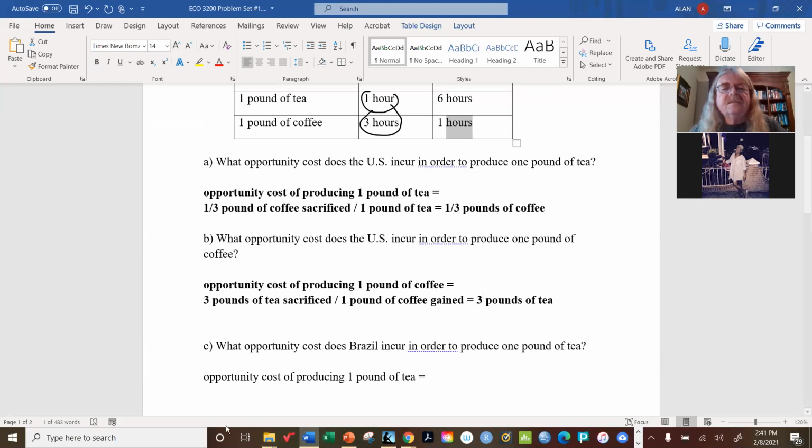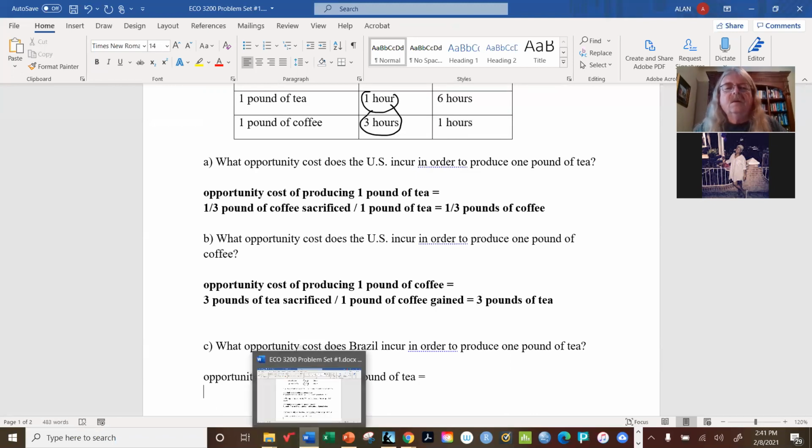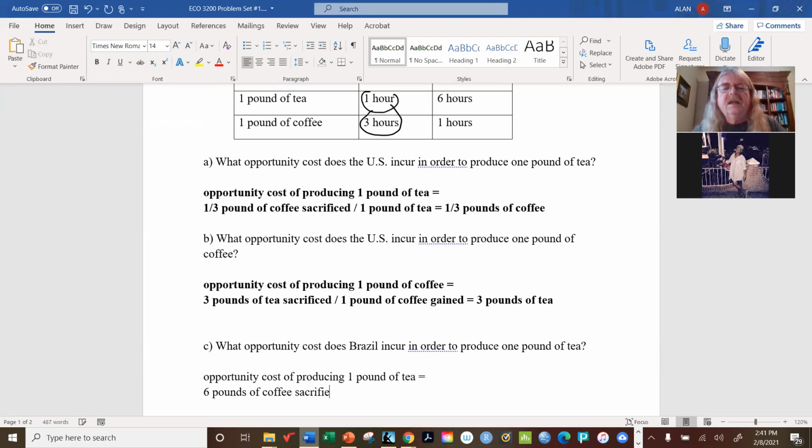So what we're giving up is 6 pounds of coffee sacrificed in order to gain just 1 pound of tea. So the ratio is simply 6 pounds of coffee, or you can think of it as just 6.